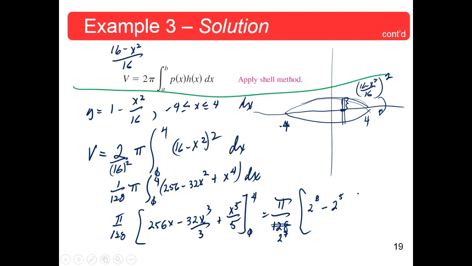Now, this gets even worse. 4 is 2 squared, and I'm cubing that. So that will be 2 to the 6th. Wait. My head's not working well. 2 squared cubed is 2 to the 6th, isn't it?